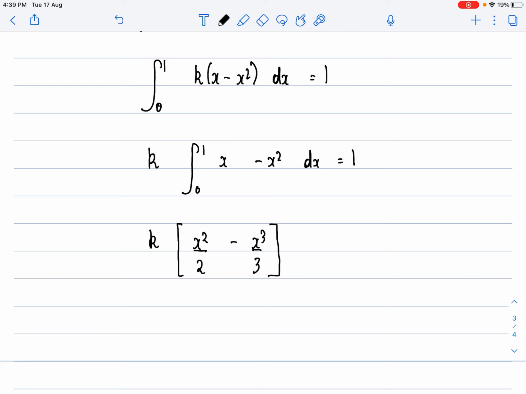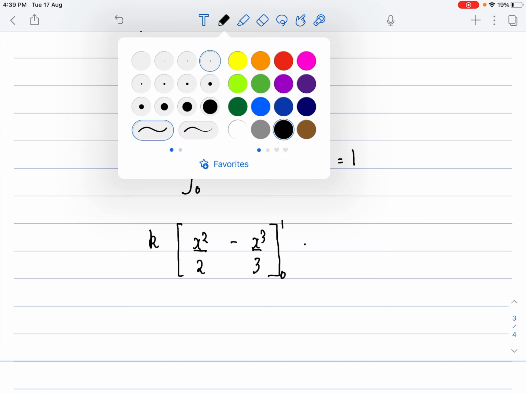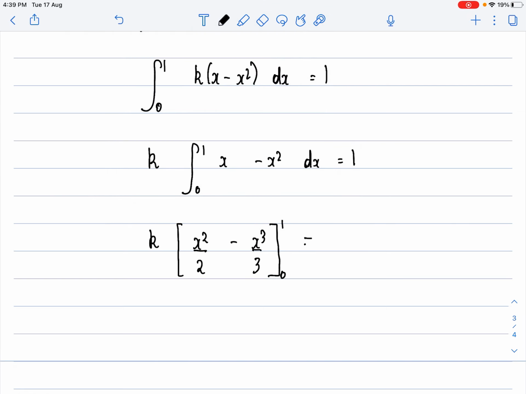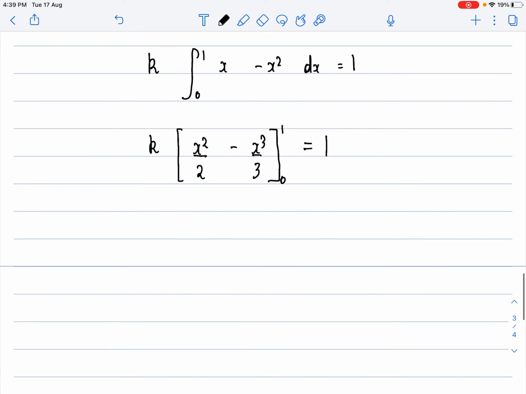Remember this from the integration chapter, correct? So now, not the dx, I equate this to 1 directly. In the place of x, I put the upper limit, which is 1. So I get 1 square, which is 1 over 2, minus 1 cube, which is 1 over 3.